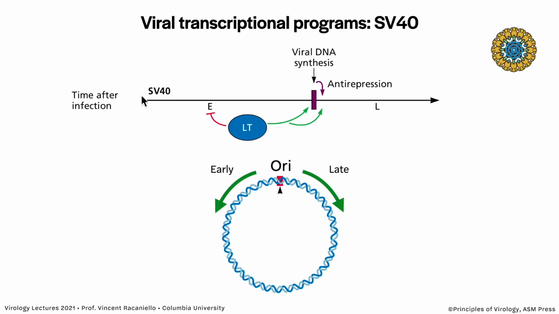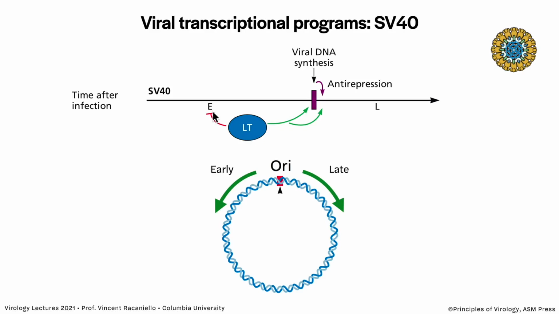So here is now a timeline of infection. You infect cells with SV40, and from left to right, the infection is proceeding. When the viral DNA gets in the nucleus, the first mRNA that's made is made from the early promoter. The late promoter is silent initially, and we'll see why in a moment. The early promoter, that's what E stands for, is active, and you get synthesis of eventually a protein called large T antigen, LT.